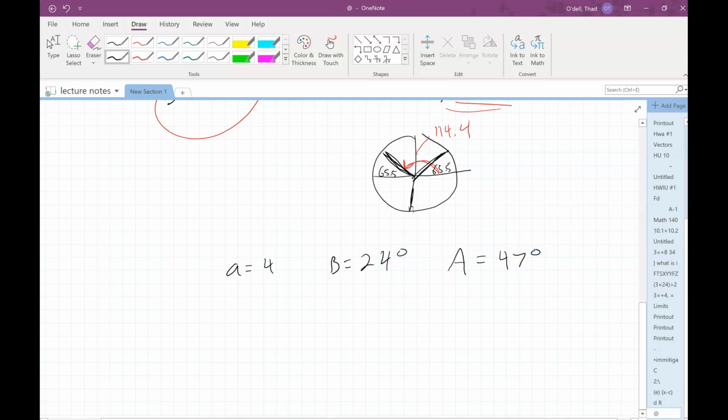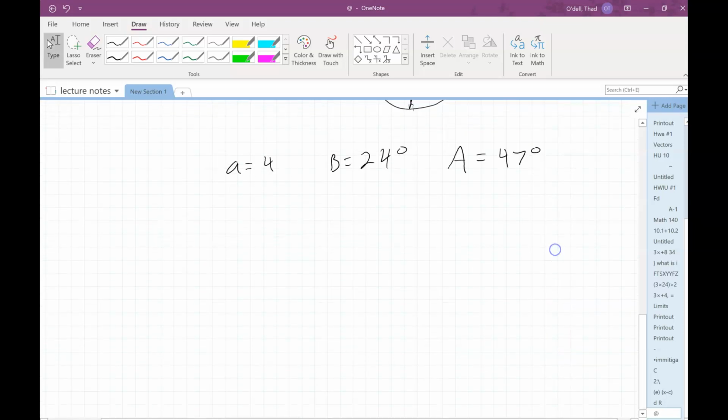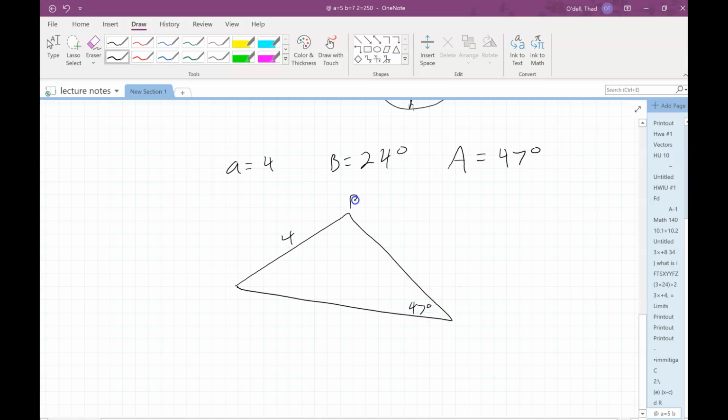So the first thing I'm going to do is draw a triangle, and then assess what we want to use. I'll just draw a random triangle, not worried really what it looks like. Let's call this side 4, which would make this angle 47, because capital A has to be across from small a. I said 47, but I wrote 45. 47. And then it doesn't really matter, I'll pick that to be B, which means that's 24 degrees, which means that's small b, which means that's capital C, and that's small c.